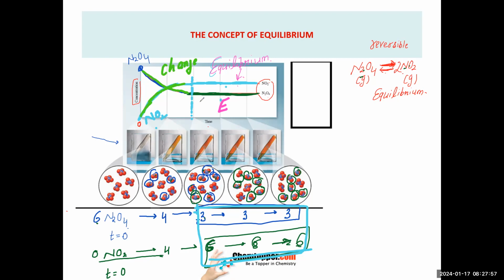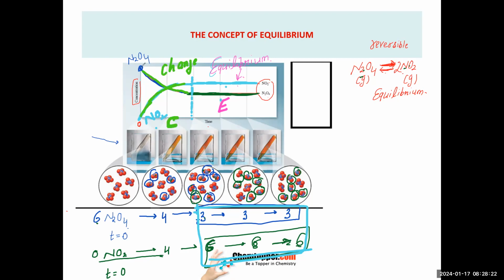System is trying to get the equilibrium because equilibrium is the most stable form, right? So system is trying to get the equilibrium. So it is change. System is changing, struggling, going in the forward direction, reverse direction to get the equilibrium.